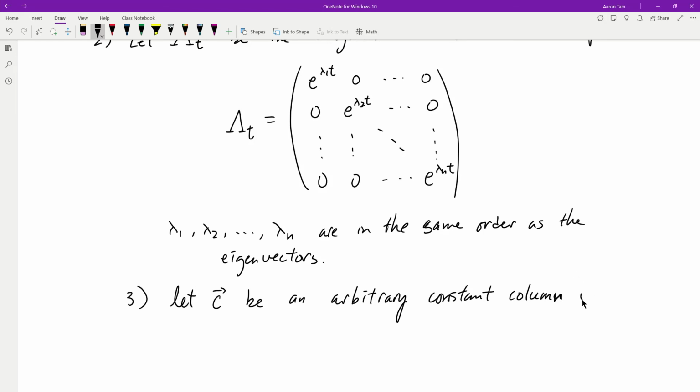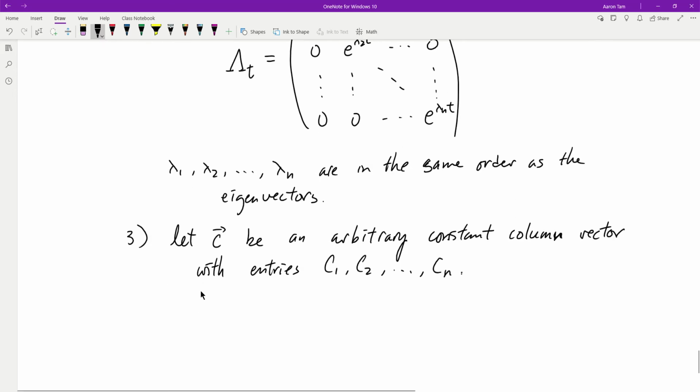Well, this column vector is basically going to be all the constants C1, C2, and so on and so forth connected together with entries C1, C2, dot dot dot to Cn. And when we have that, we can now actually use that to write the general solution to our system, believe it or not.